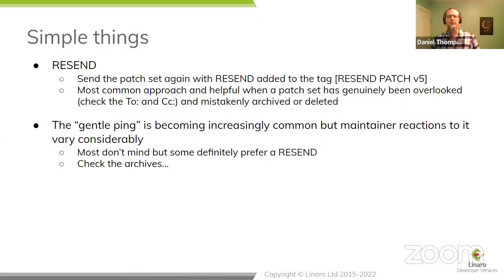There are then the simple things. So the resend. This is simply sending the same patch set again that you sent before, possibly with the tags collected, and resend in front of the patch. It's the most common approach, and it is the most helpful if the patch set has been genuinely overlooked, because if it's been genuinely overlooked, your mail's probably been deleted, and by sending a resend, you put it back in the maintainer's email box as a convenience for them.